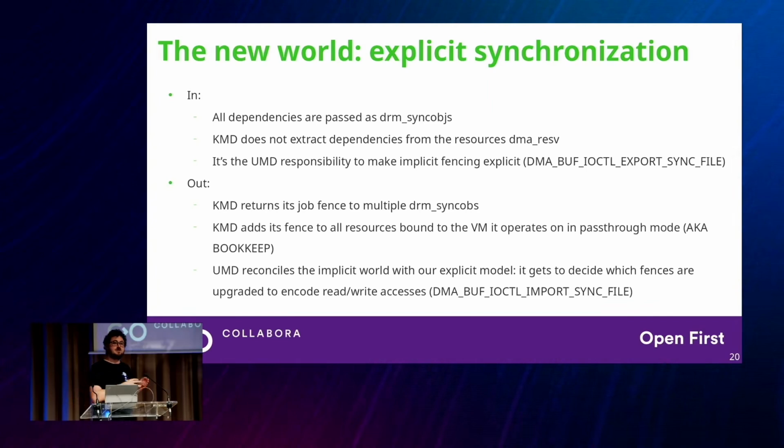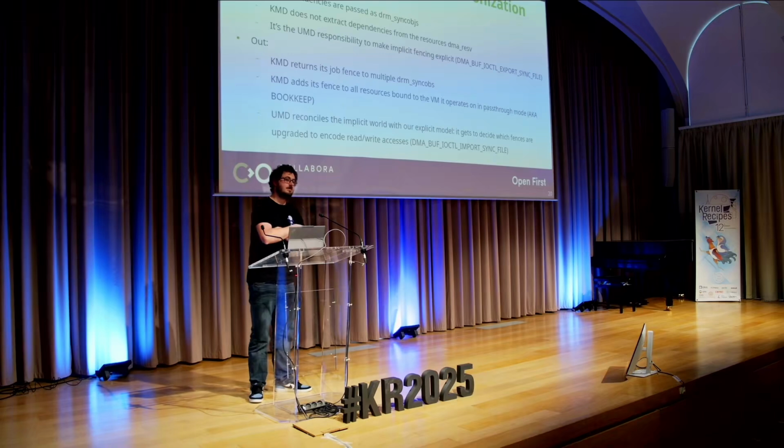The user mode driver gets to decide, I'm going to read that one, and so I'm going to upgrade this bookkeep fence into a read fence or a write fence. But most of the time, the user mode driver won't update all the buffer objects as read or write. They will just update a few of them. So every single buffer object in the VM gets bookkeep, and then eventually only the ones you're touching get read or write. Yeah, all right, thanks.